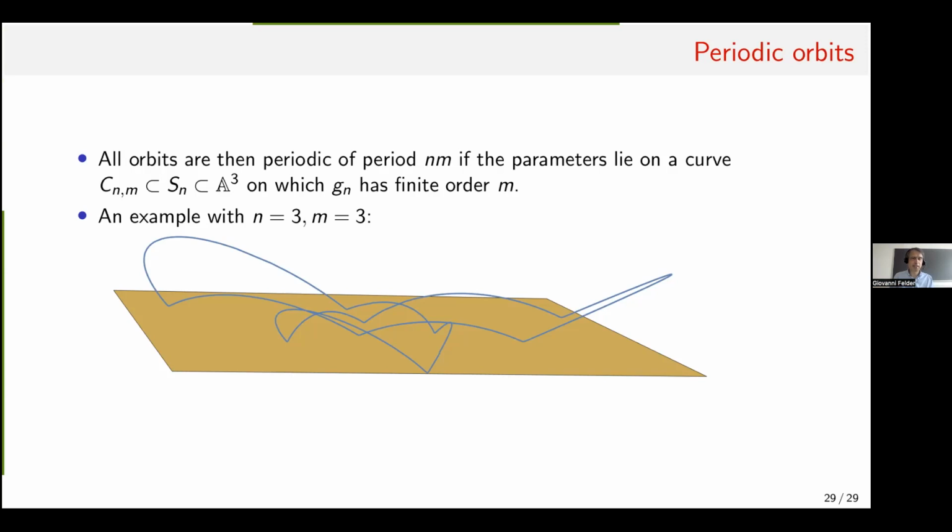Maybe I can use my blackboard. Can you see it? Yes, we can see this. This is a typical form of those trajectories if you have a centrifugal force.